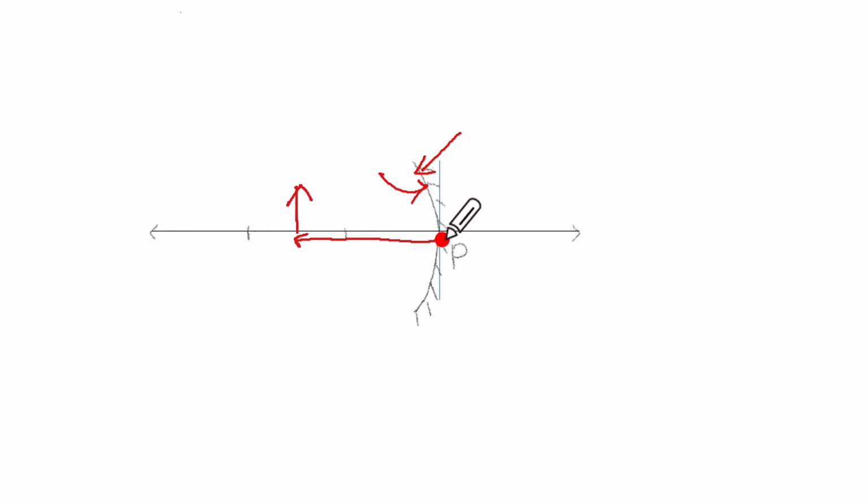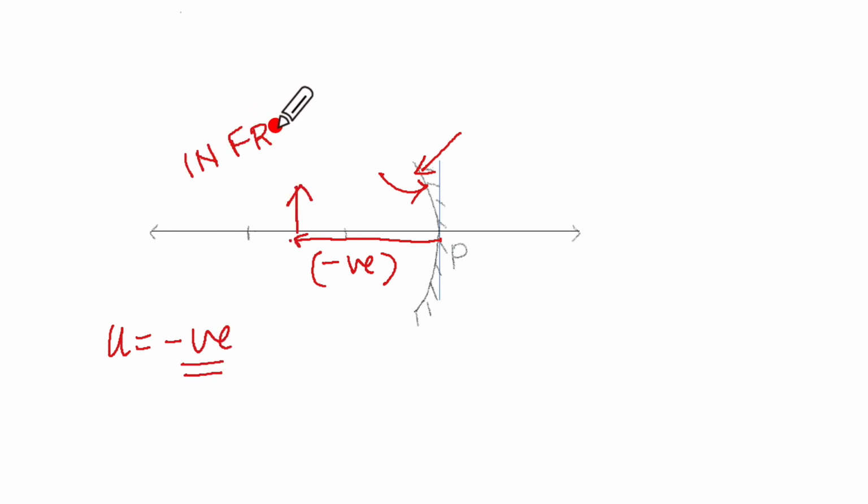We have taken the distance from P on the left, so this becomes our negative distance. So remember, your object distance is always negative because the object is always kept in front of the mirror. So whenever in the question you see in front of the mirror, remember it is negative distance.